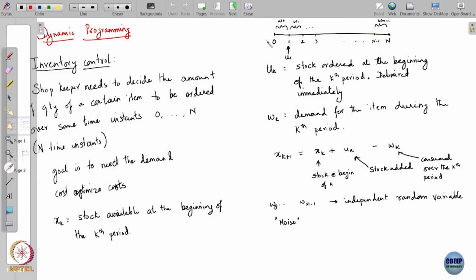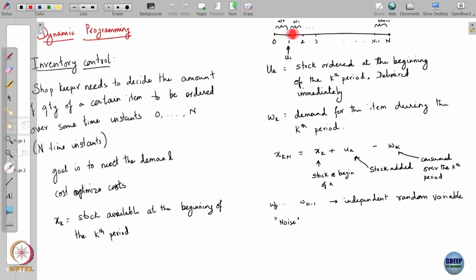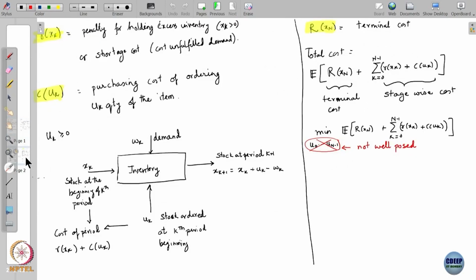We see that when we have to make these decisions to minimize the cost that is stated over the entire time horizon, this cost we cannot possibly pose as a problem of deciding the amount of stock to be ordered. The plain and simple reason is that the amount of stock to be ordered depends on the information that will come up later during the problem itself, not available to us at the start of the problem. So, what is then the alternative?